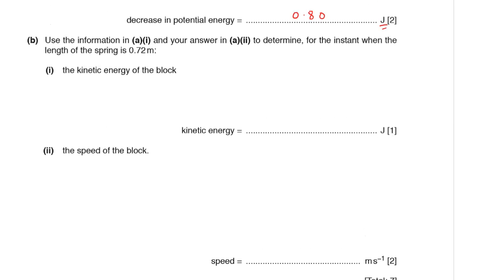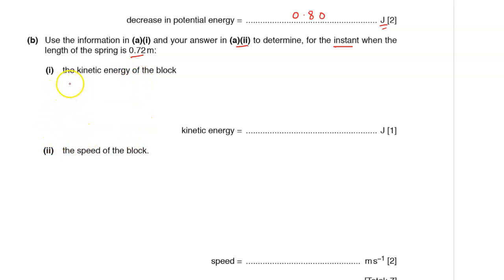Part B: use the information in A1 and your answer in A2 to determine, for the instant when the length of the spring is 0.72 meters, the kinetic energy of the block.